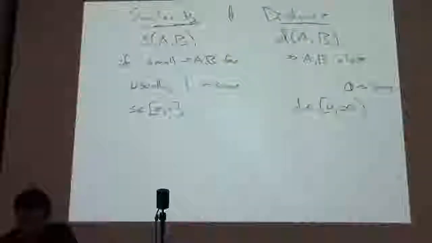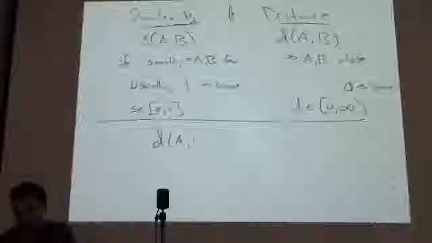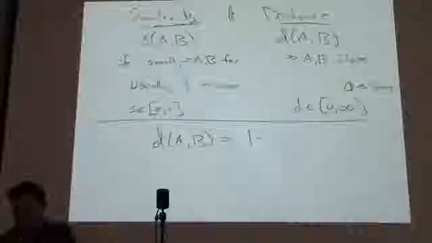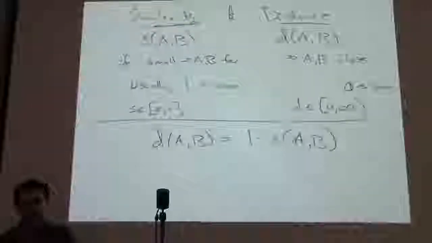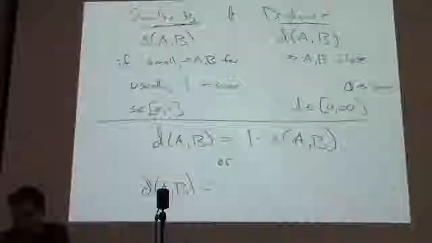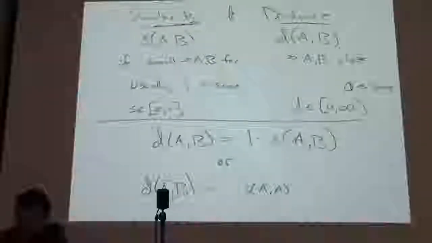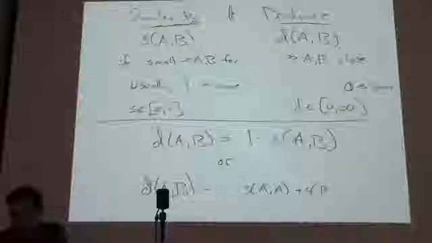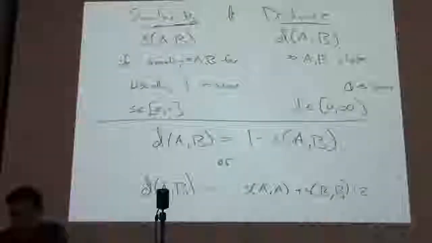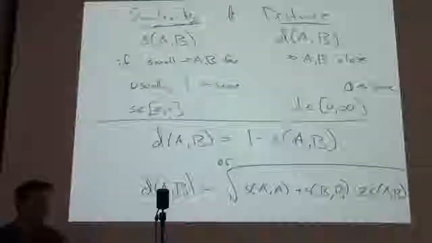Okay. You can often convert between them as the distance between A and B is equal to 1 minus the similarity between A and B. But this isn't the only way to convert between them. In some cases, it'll be better to do the distance between A and B equals something more complex, which is the similarity between A and A plus the similarity between B and B minus 2 times the similarity between A and B, all under the square root.